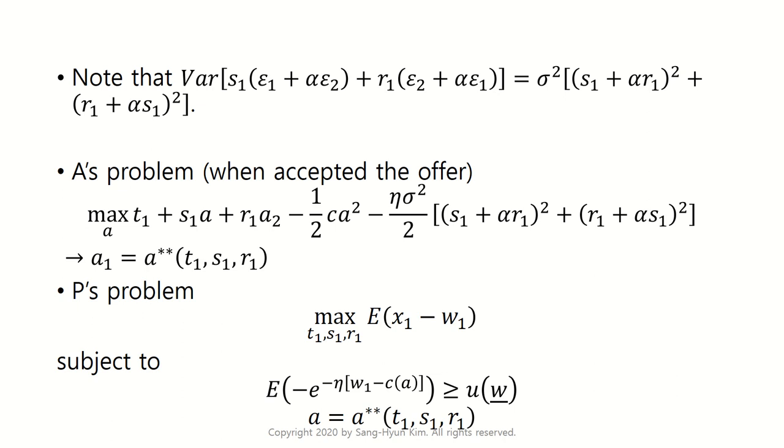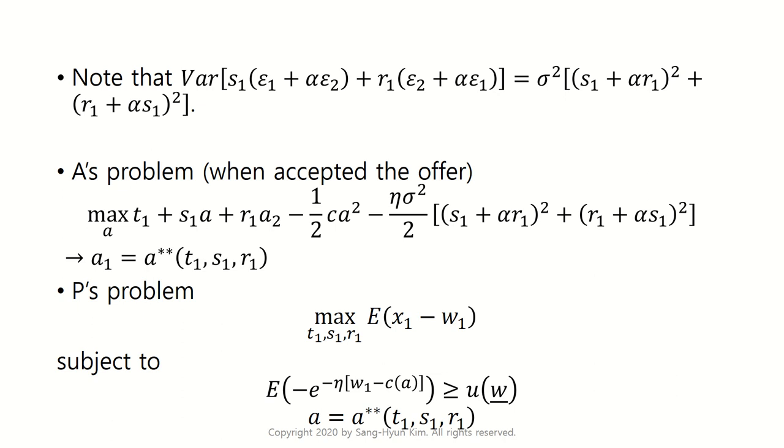But we don't have to because they are symmetric, and it will be optimal to give a symmetric contract to these two workers. So in equilibrium, at optimum, T1 must be the same as T2, S1 must be the same as S2, and R1 must be the same as R2.